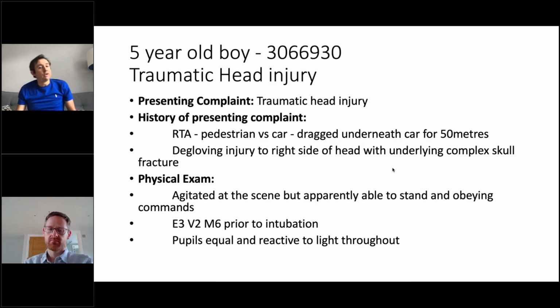So this is just another child, again not as descriptive as the last one, a 5-year-old boy. He was crossing the road with his auntie, I think, having just come out of school.